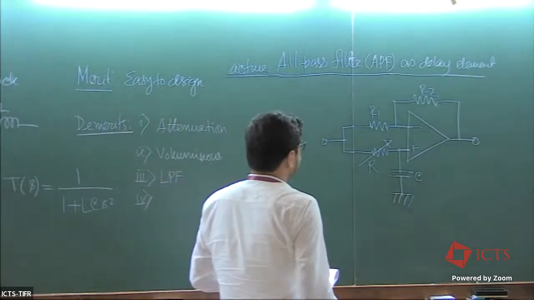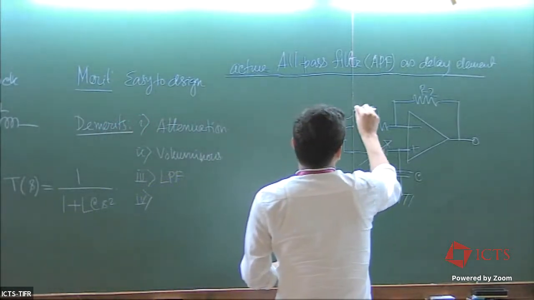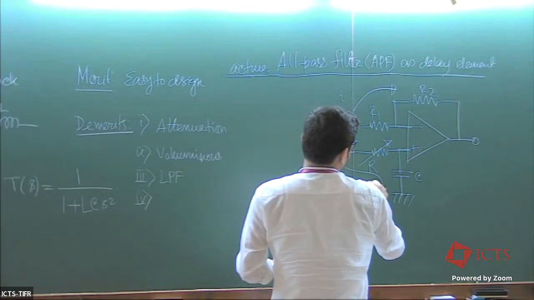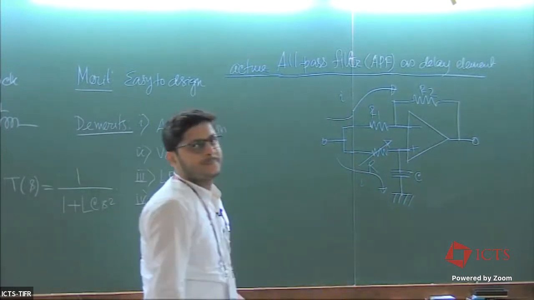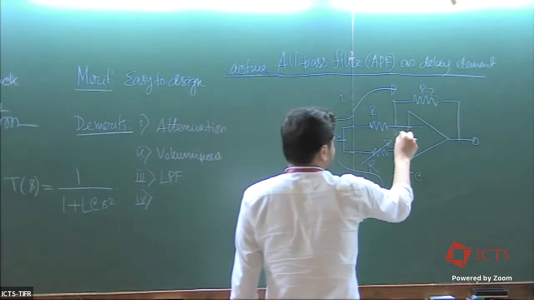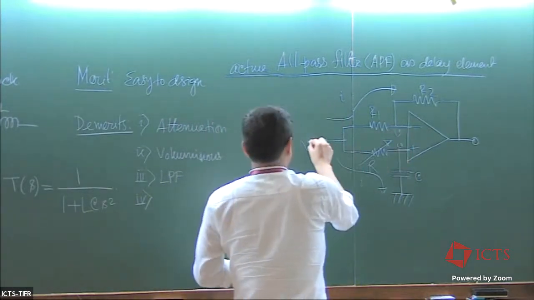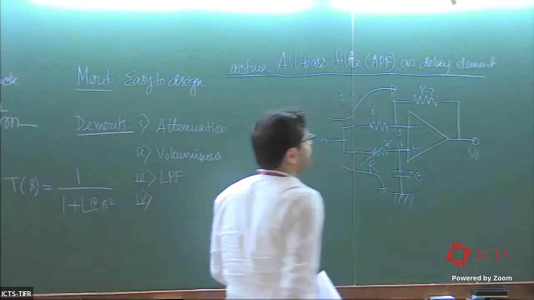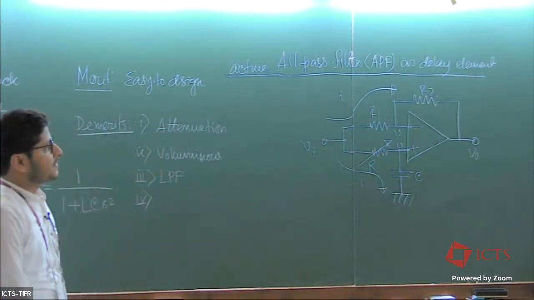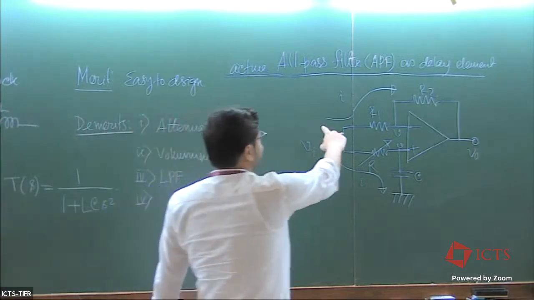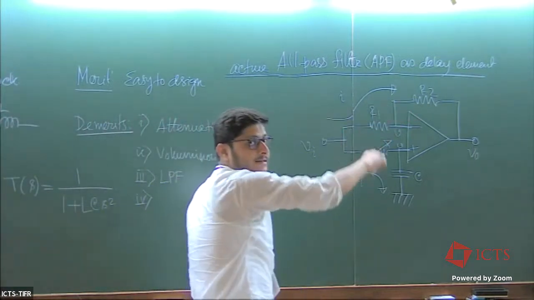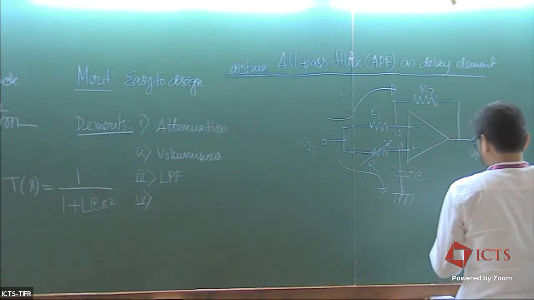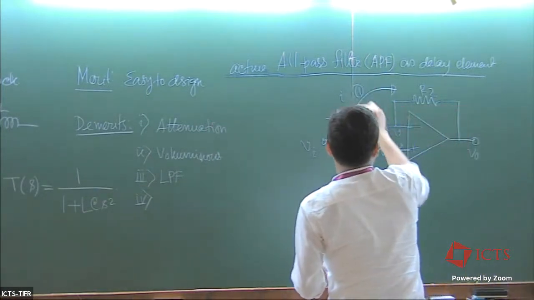So let us analyze. Suppose in this direction a current I flows, and in this direction another current I flows. Here is the voltage V, and suppose VI and V0. So first consider this branch. Suppose this one is 1 and this is 2.